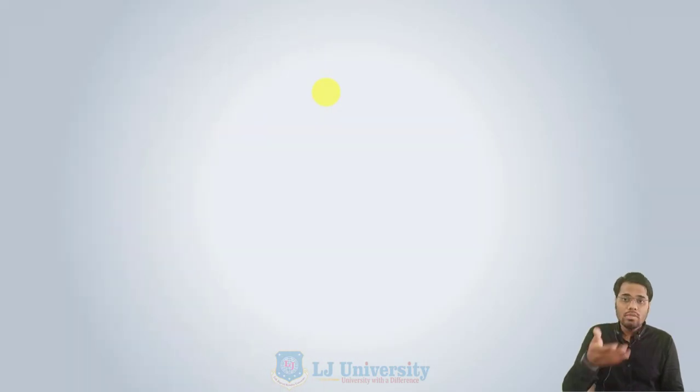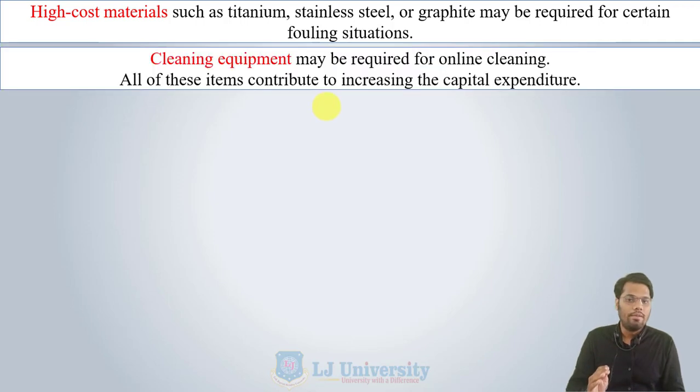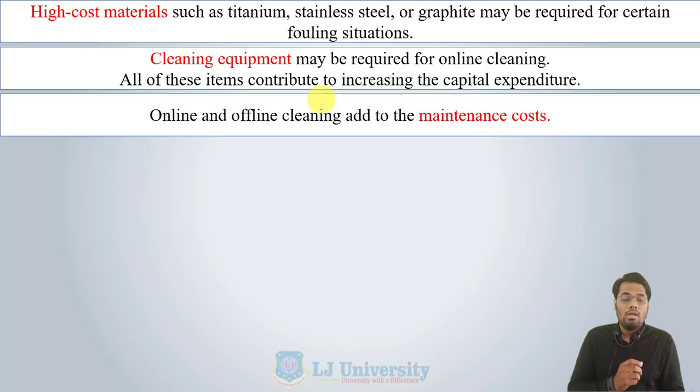Now, high cost materials such as titanium, stainless steel, graphite may be required for certain fouling situations to delay the fouling. Cleaning equipment may be required for the online cleaning. All of these items contribute to increased capital cost. What online cleaning and offline cleaning are, we will discuss in the last segment, which covers the techniques used to minimize or remove fouling.